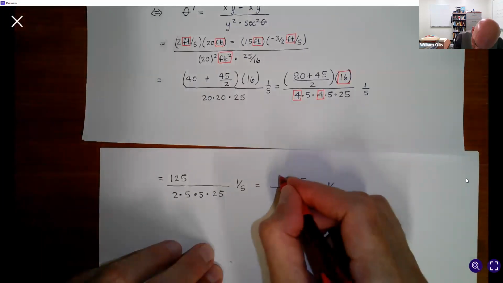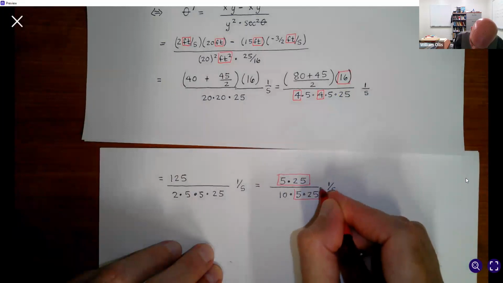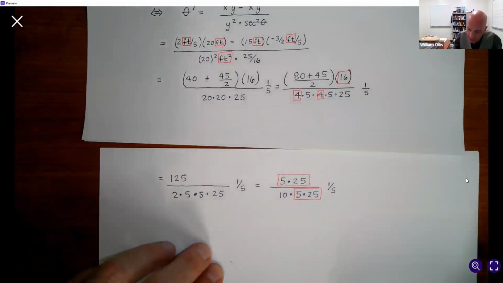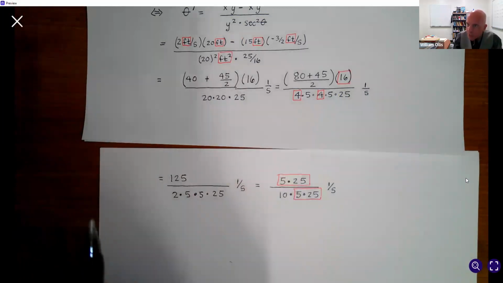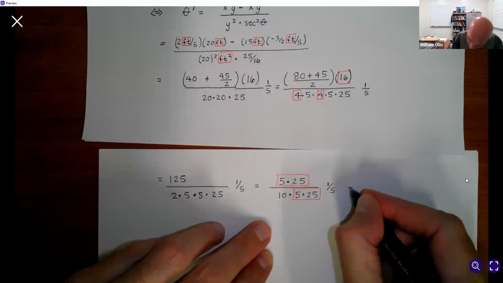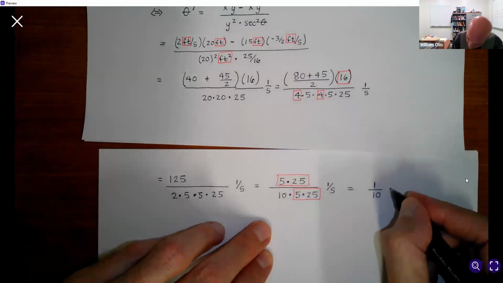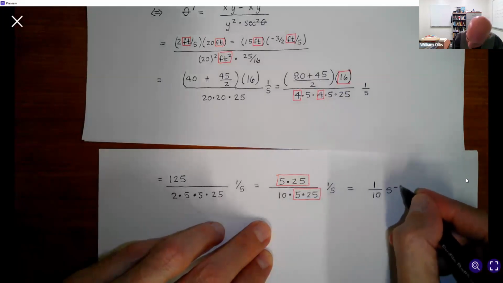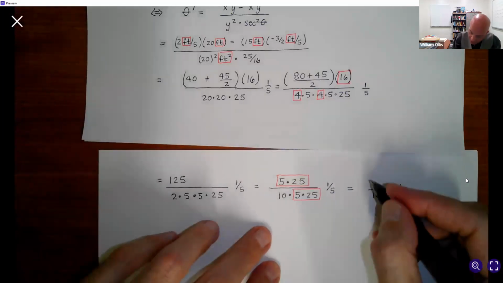And then, of course, the 5 and the 25 absorb. So we basically write the numbers relative to the factoring that we've done, and that way it's actually easier. And then we're left with 1 over 10 reciprocal seconds. So I could just say second to the minus 1. So sometimes we just say radians per second.